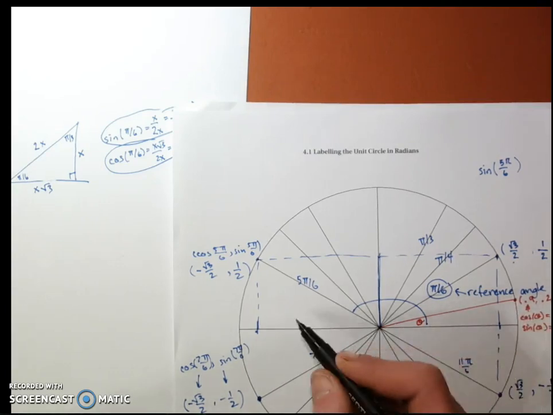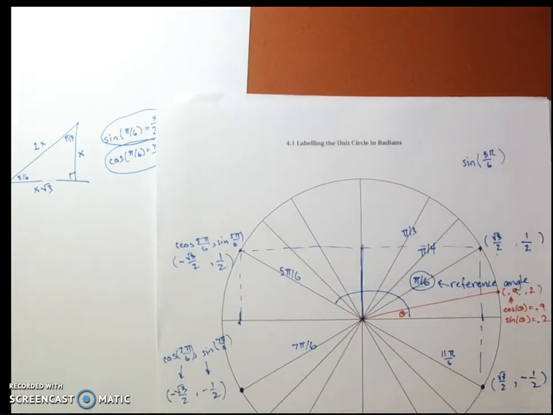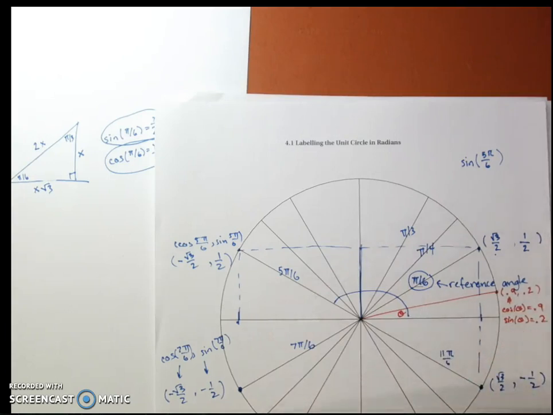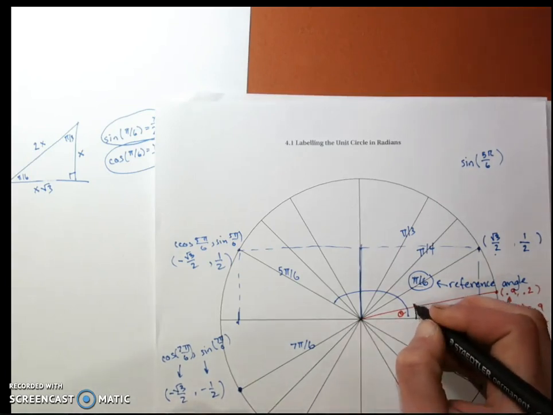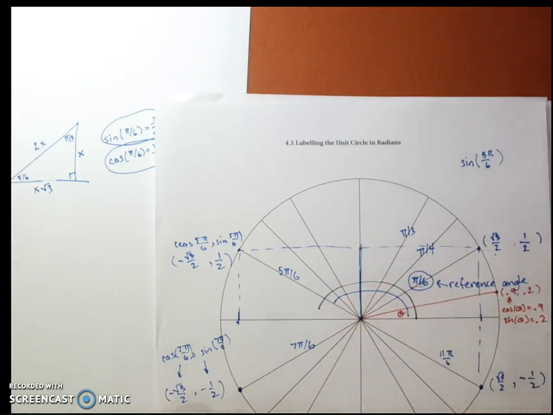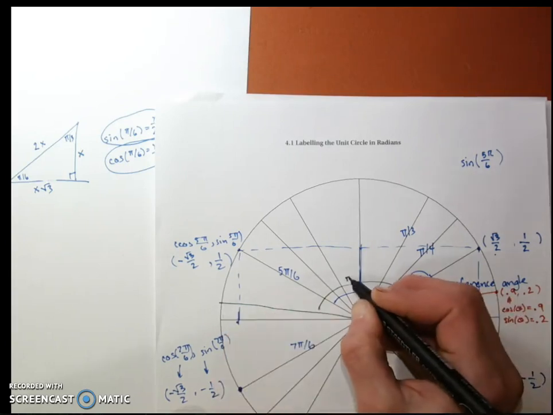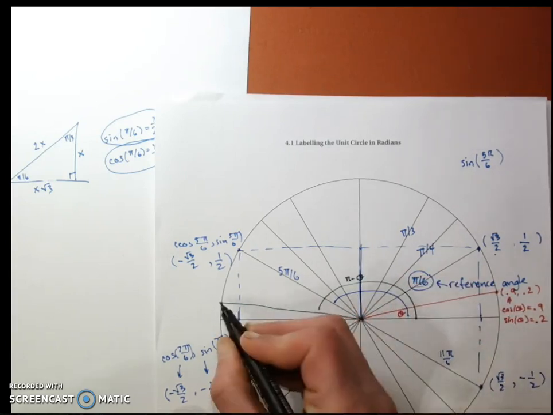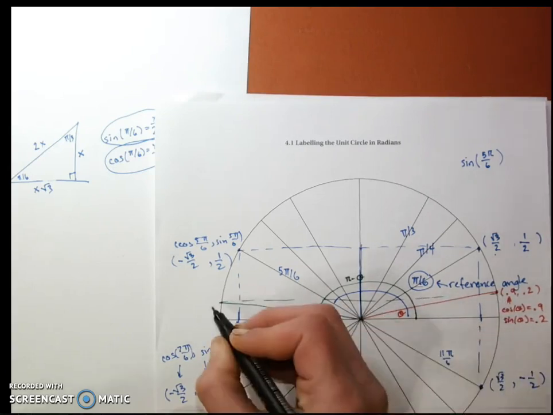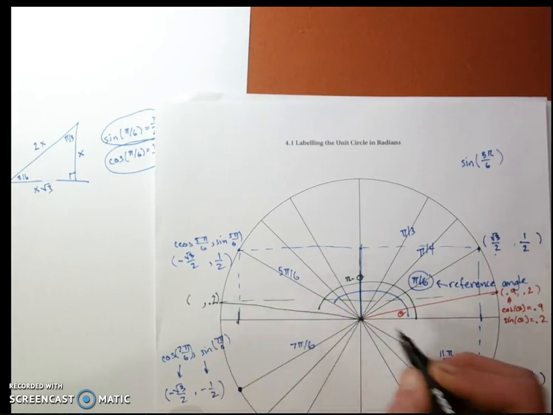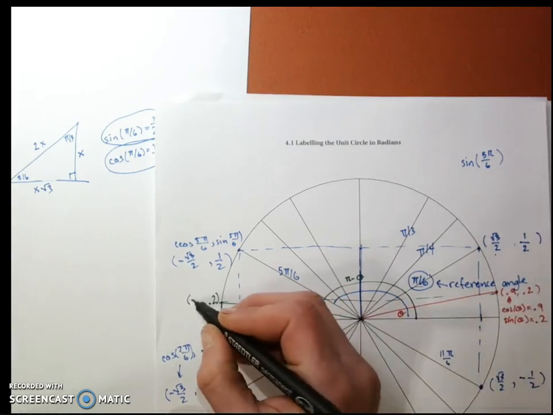Now I can get the sine and cosine of a bunch more angles for free just by looking at the reflections. So let's say I want to get the sine and cosine of pi minus theta. Well, that means I should go almost all the way to pi, but I should be short of it by theta. So this green represents pi minus theta. It has the same y coordinate as theta, so this will be 0.2, and it has negative the x coordinate of theta.